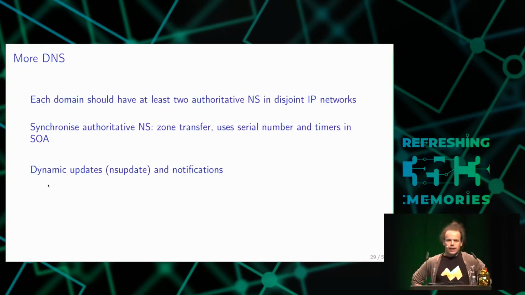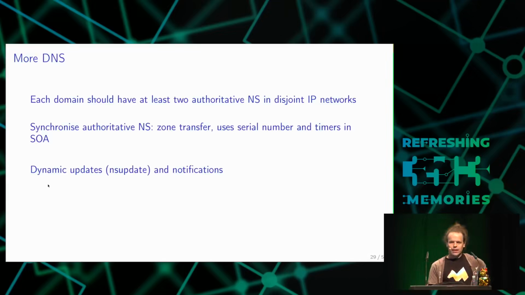DNS also has extensions in order to do dynamic updates. So instead of having to restart your server whenever you reconfigure it, you have an in-protocol update where you can say, oh, now let's add this domain name with this IP address, or let's remove this domain name.